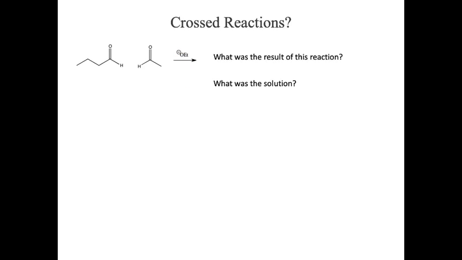So, react the first one, make the nucleophile, and then you put the second one in and it acts as an electrophile. Okay? Make your nucleophile first, then your electrophile. That's a nice idea. I like it. What's the problem with step 1 right now?